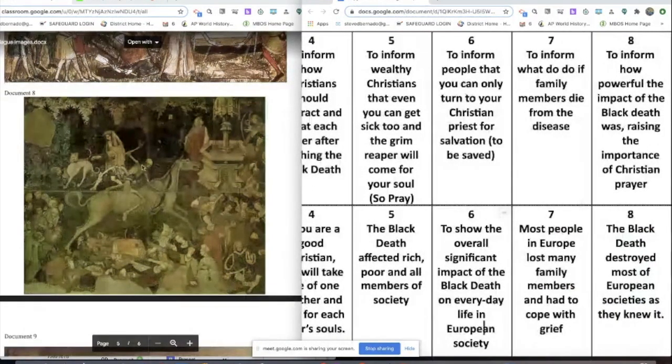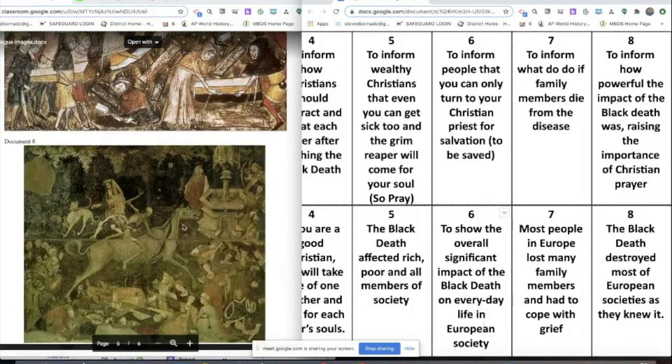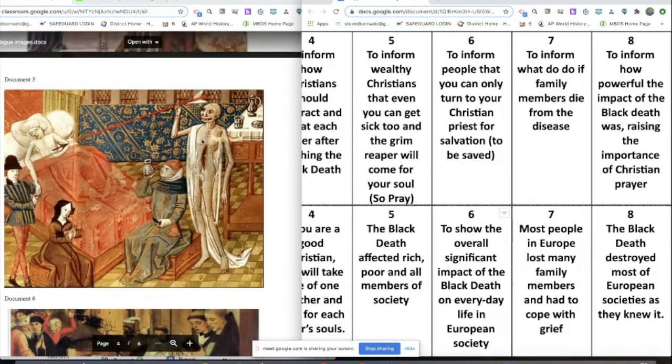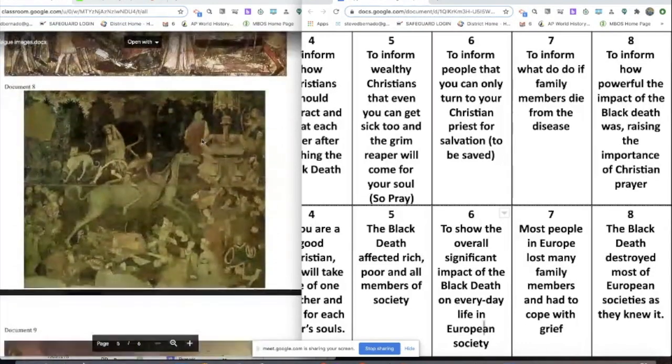So we have a skeleton riding something that looks like a skeleton horse over people, crowds of people. And it seems like the horse is running wild and its hooves, its feet are stomping on the crowds of the people. What is going on in this image? Well, again, the skeleton, just like in image 5, you see the skeleton would be a symbol of the Grim Reaper to come to take the souls of sinners, according to the Christian tradition.